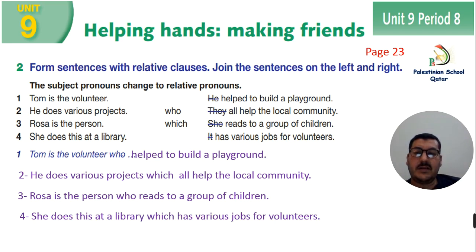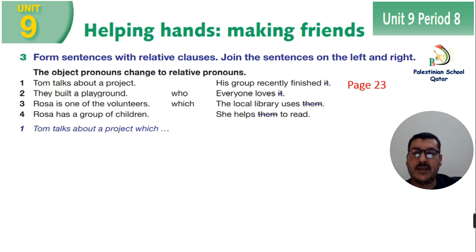Now let's move to exercise number 3. In exercise 3, we have the same exercise about relative clauses, but in this case we need to remove the object, not the subject. The object pronouns change to relative pronouns. For example, number 1, Tom talks about a project.